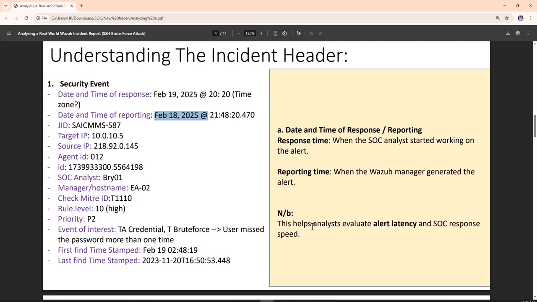Note, this helps analysts evaluate alert latency and SOC response speed. It is very, very important, this time difference: how fast we can be notified of an event and how fast we start responding to it.